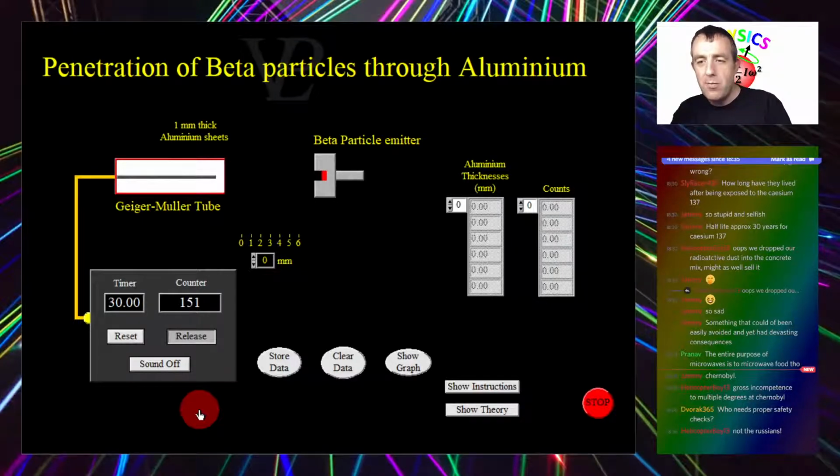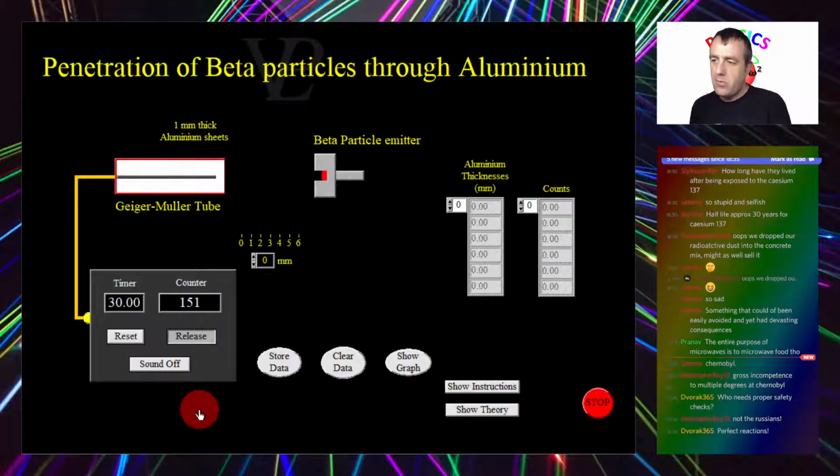So, if someone could please calculate for me what the activity is of the source with nothing blocking it. Anyone happen to know what the activity of the source is?